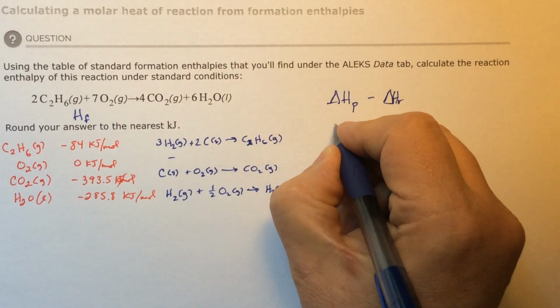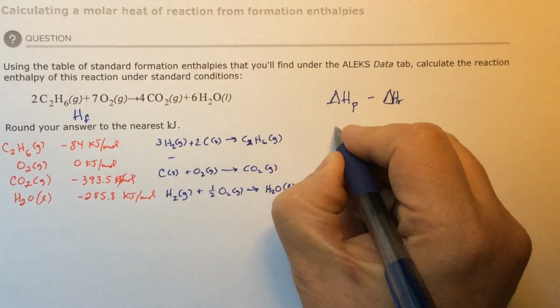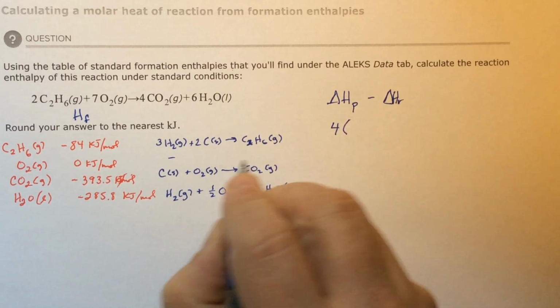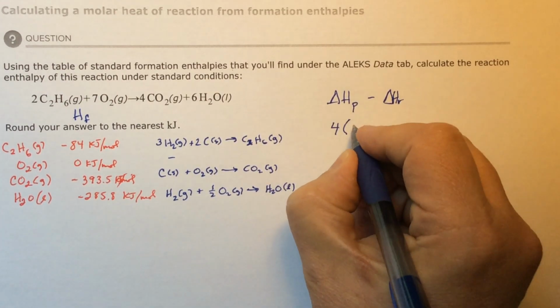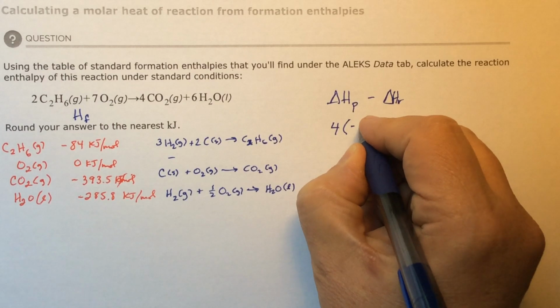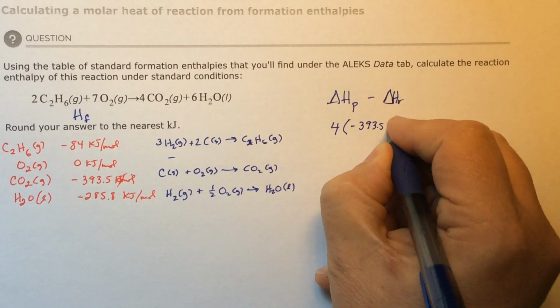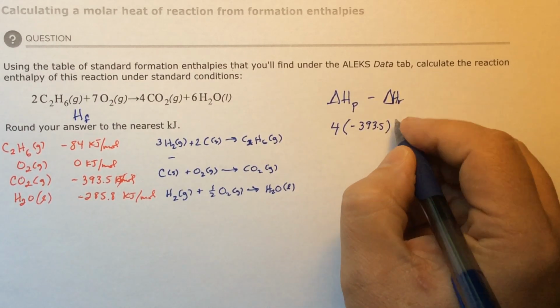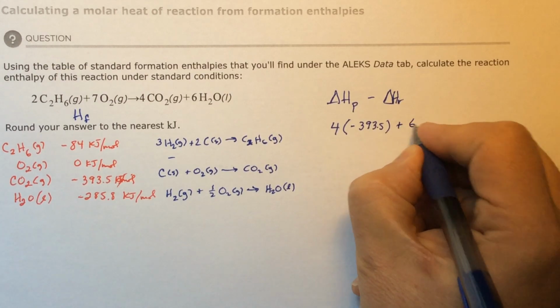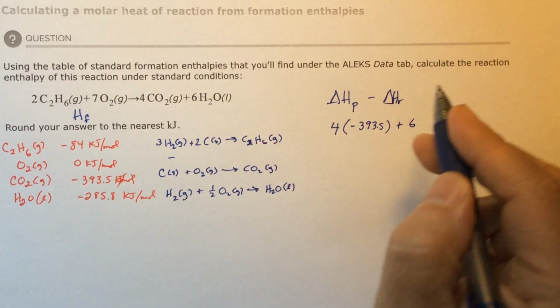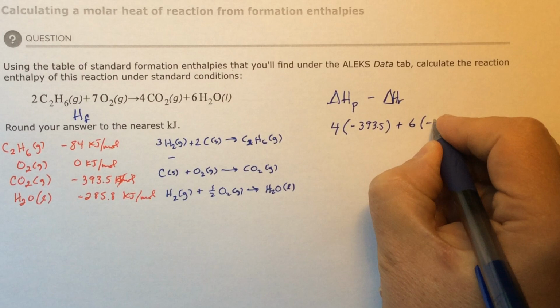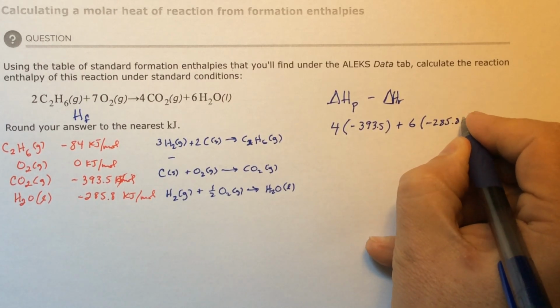So that's on this side. So you're doing the products first. So it's going to be 4 times whatever is in the table. And the carbon dioxide was negative 393.5. Okay. You're going to add to that 6 times whatever water was. So 6 times negative 285.8.